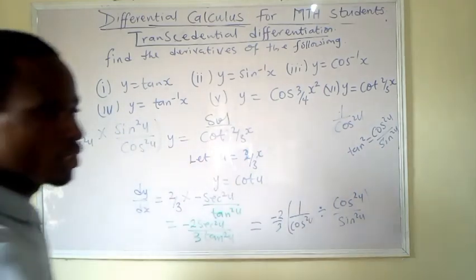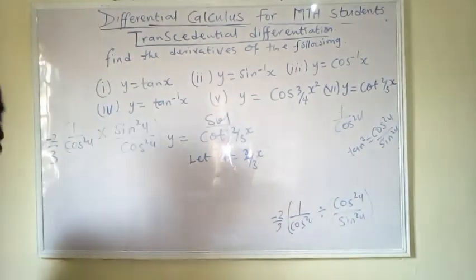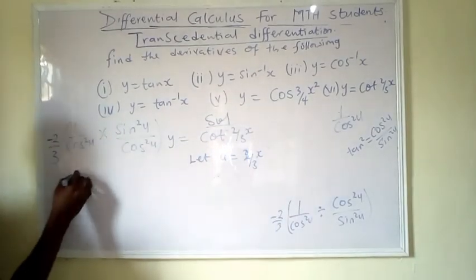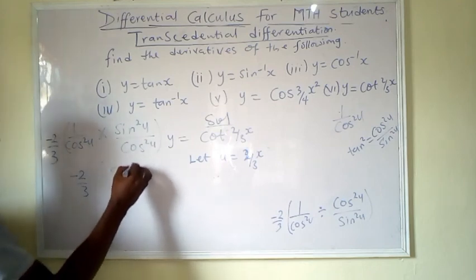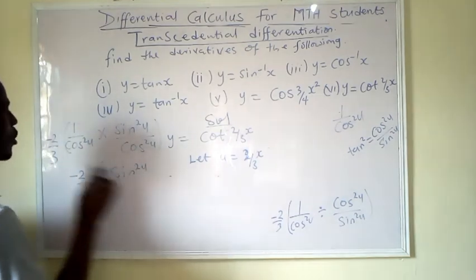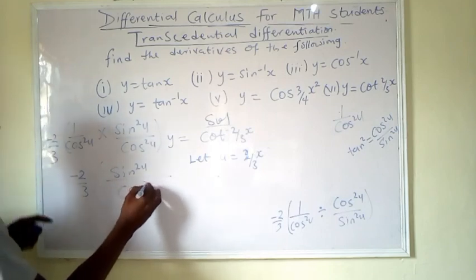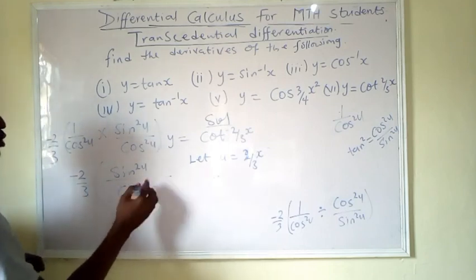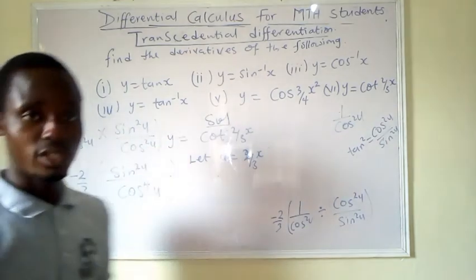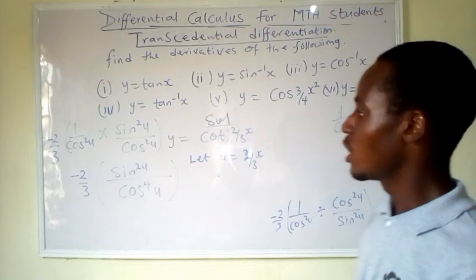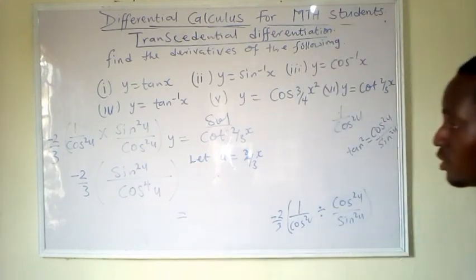And that will give me minus 2 all over 3, and that will give sine squared u all over cos raised to the power 4 u. This could be simplified further, but I would love to leave my answer like this, or sometimes leave it the other way around.